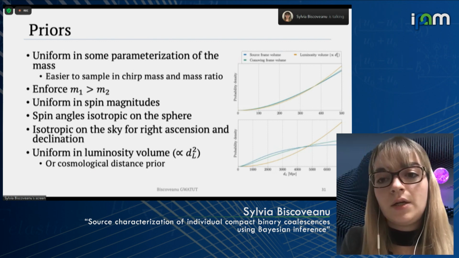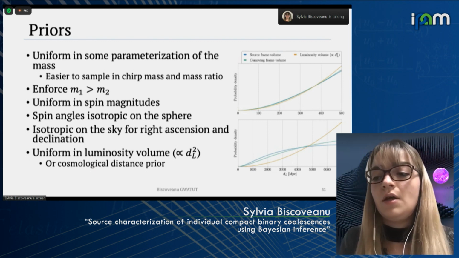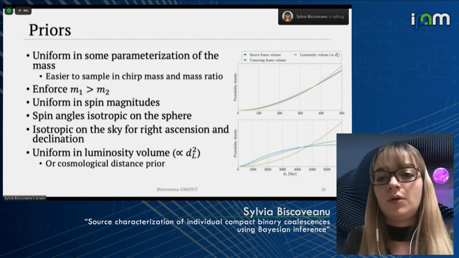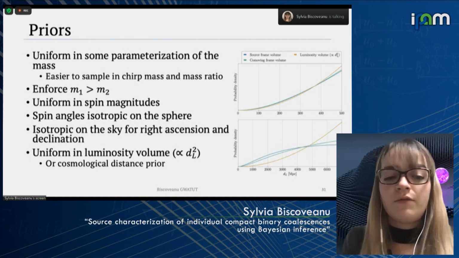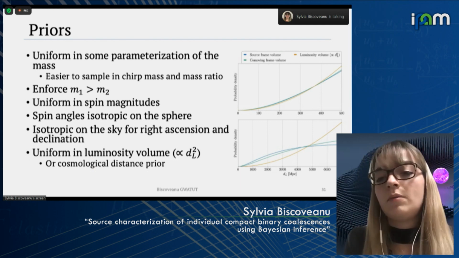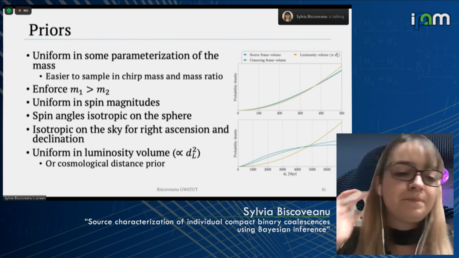So later in Salvo Vitelli's talk, he'll probably tell you how you can use the previous observations of the population of binaries to update your priors to include astrophysical information. But for our case, we're just going to assume we want our priors to be uninformative so we don't miss something unknown in the parameter space.